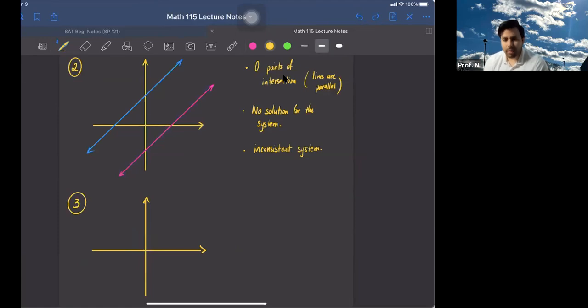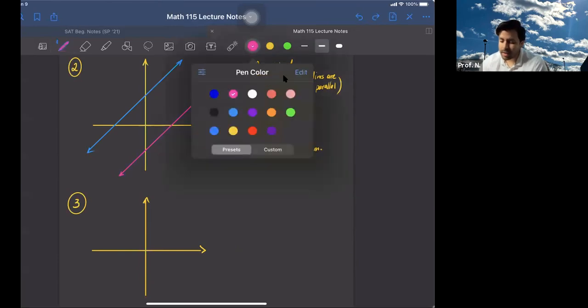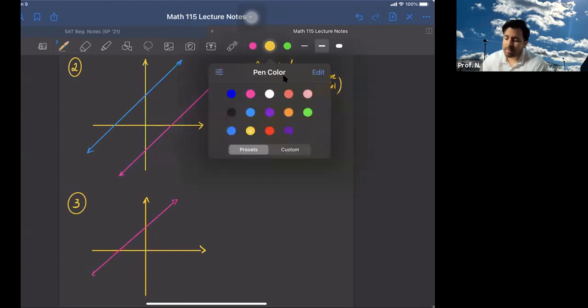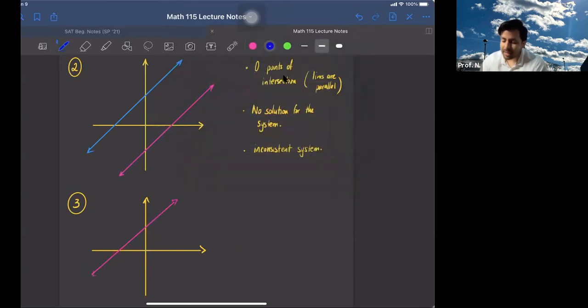So the idea is this. If I have a straight line, and this is when you have to make believe a bit, you have to imagine yourself. If I have a straight line, and I have the same line drawn again, on top of it, then there's an infinite number of points.